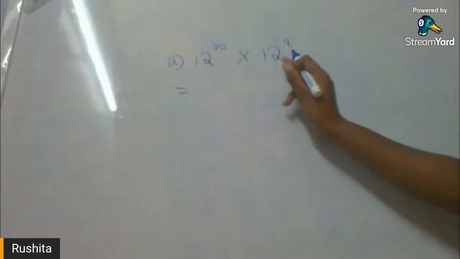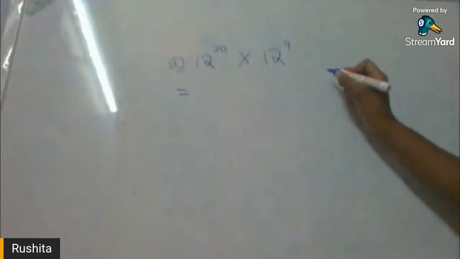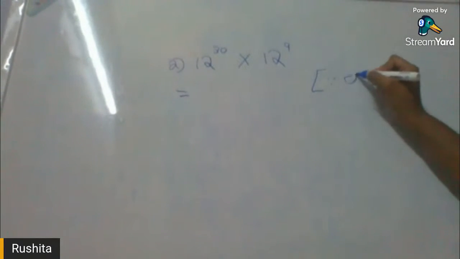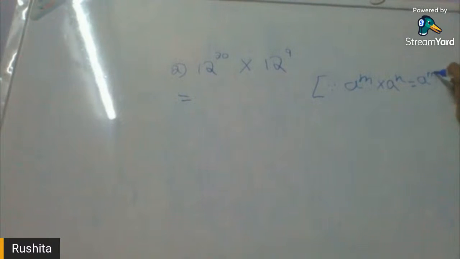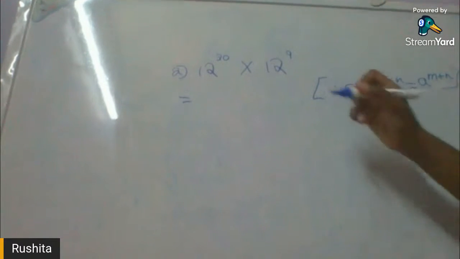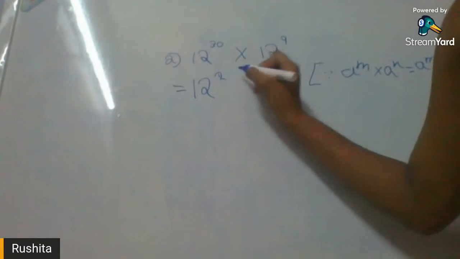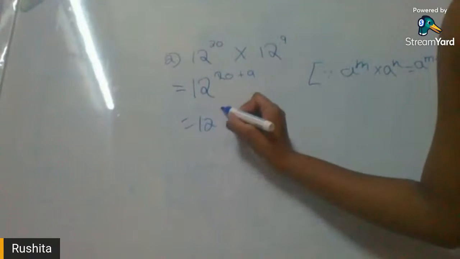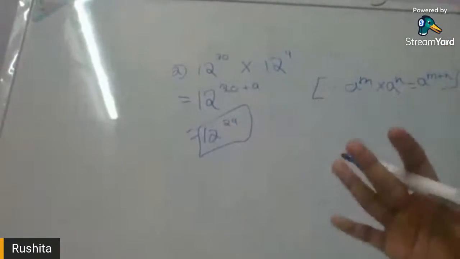So first let's write the formula. Since a to the power of m into a to the power of n equal to a to the power of m plus n, so 12 to the power of 20 plus 9, which is equal to 12 to the power of 29. Done. It's very simple.